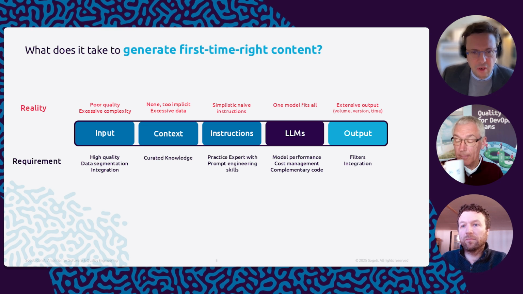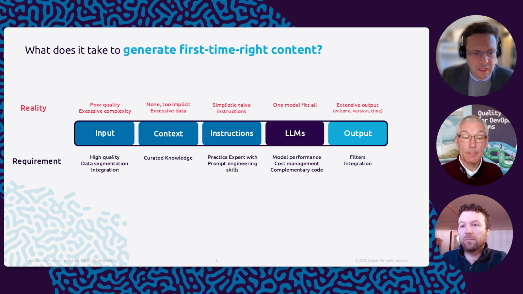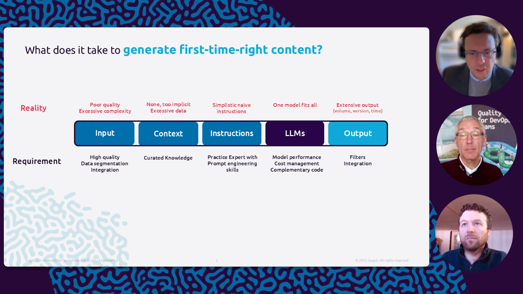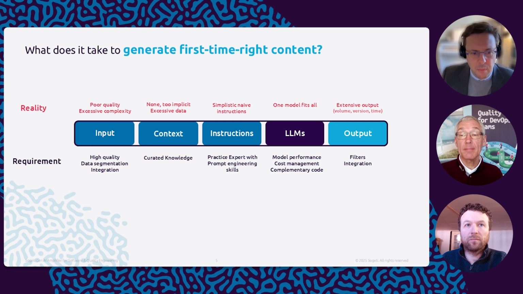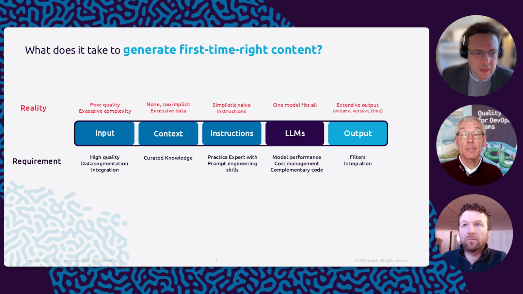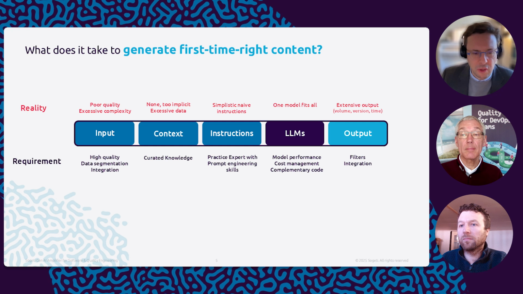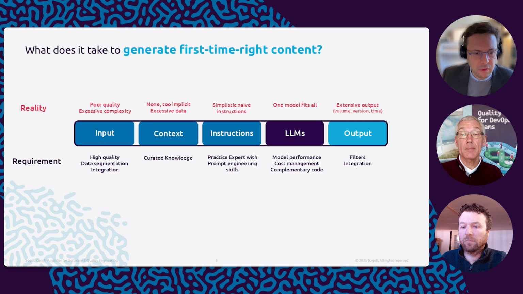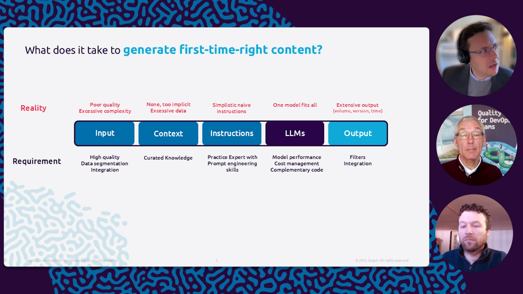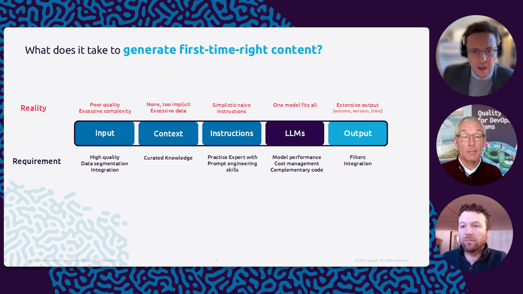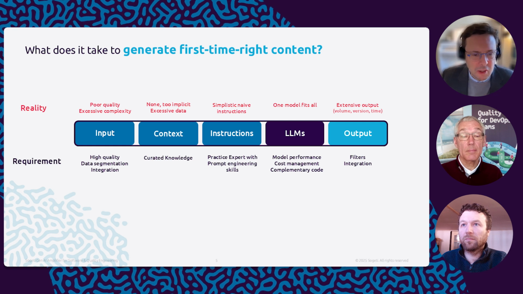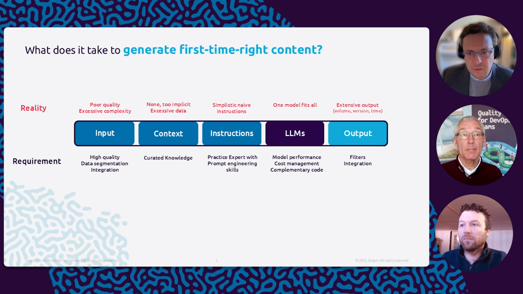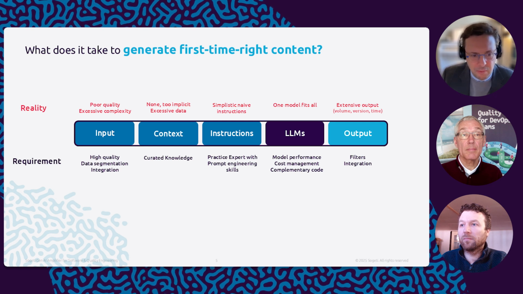For instance, an LLM can produce poor quality output because of a series of flaws all along the process of using it: where we are using poor quality input or making data overly complex or irrelevant, leading to confusion; where we are lacking sufficient context for the LLM, causing weak and unreliable responses; where we are giving simplistic instructions to the model, leading to lack of accuracy, stability, and consistent output.